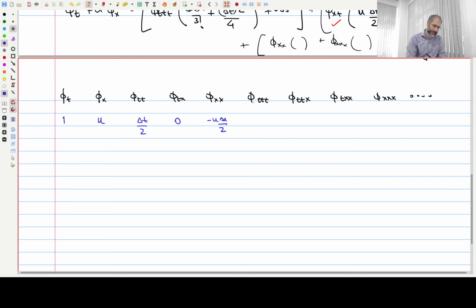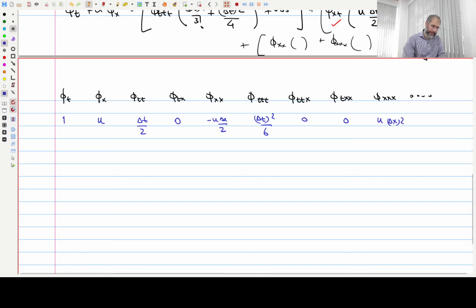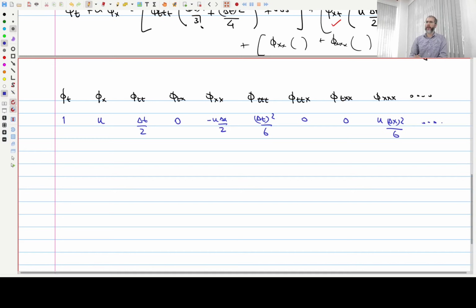Now I'll write all the coefficients rather than moving up and down. So this becomes delta t squared by 3 factorial, which was 6. There were no mixed derivatives in the original equation. And then phi xxx had a coefficient of u times delta x squared by 6. Again, we are not worried about fourth order derivatives here.